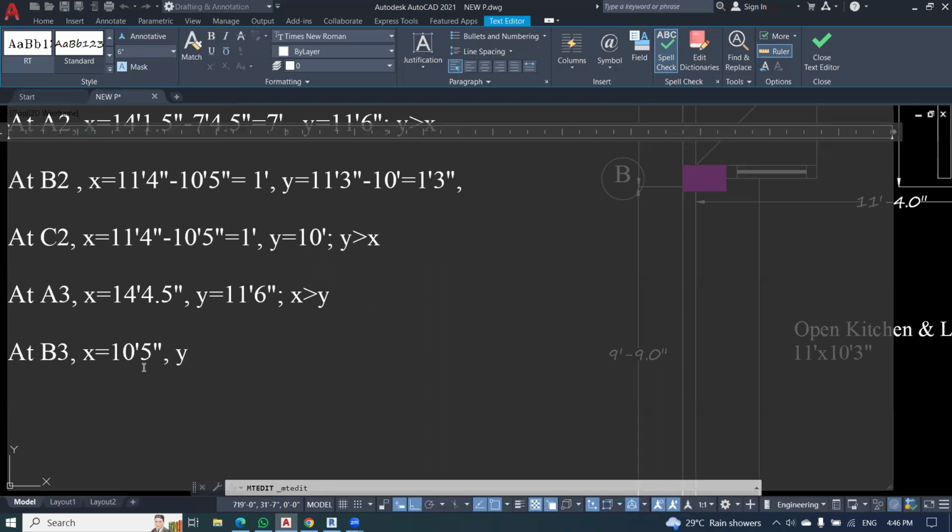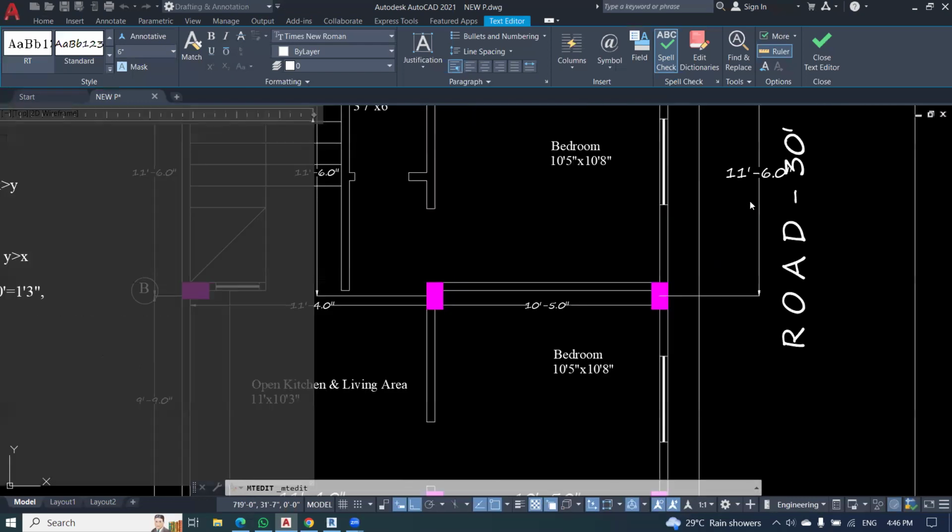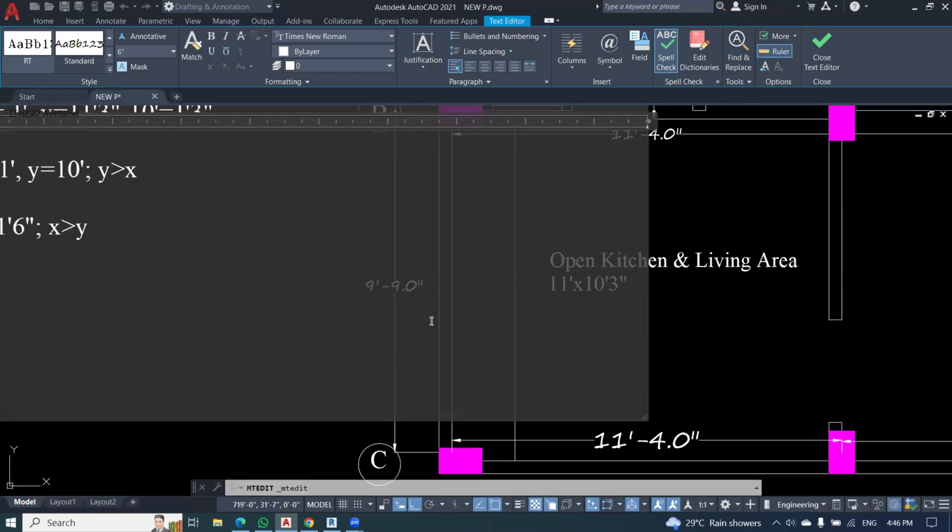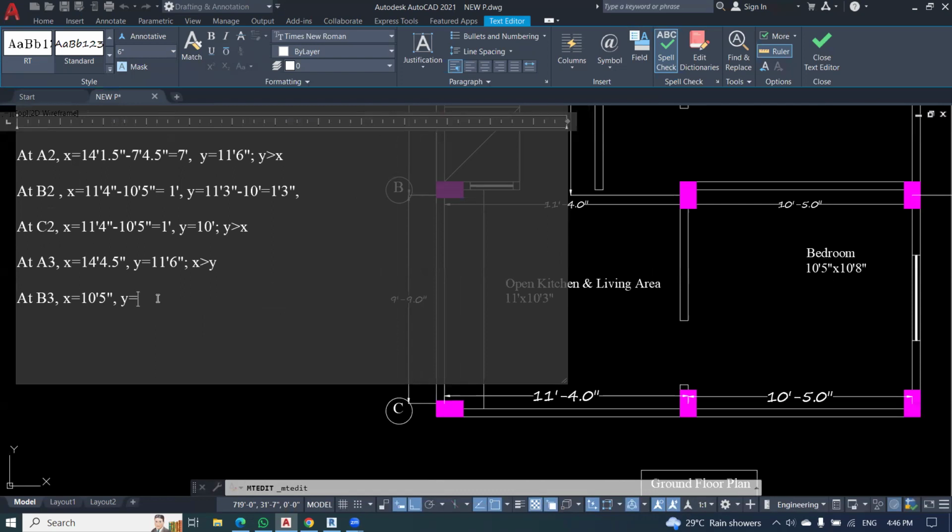Now the next thing is y distance. 11 feet 6 inches minus 9 feet 9 inches. That goes to somewhere around like 1 feet 3 inches. Approx like it will go to 1 feet 2 inches also. So I'll just keep it as 1 feet. I'll consider it as 1 feet difference.